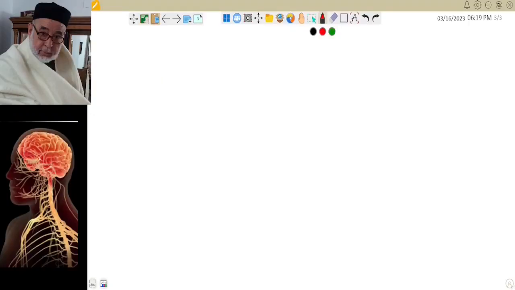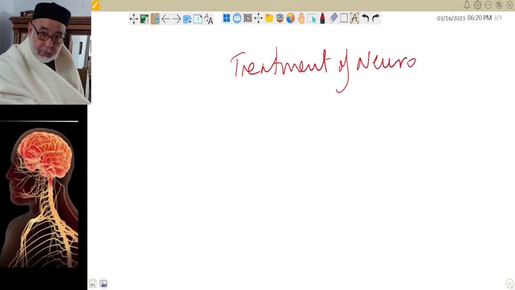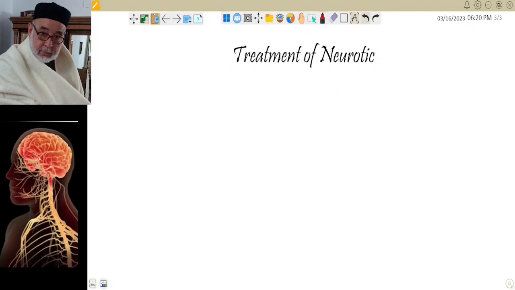So first, what are the different types of treatment of neurotic illnesses? Usually, there are two types mainly. The first type is known as non-drug therapy.